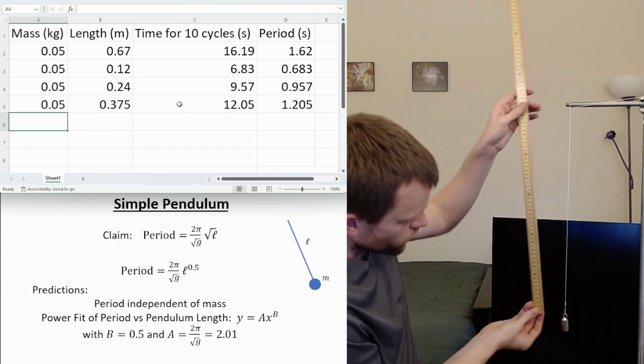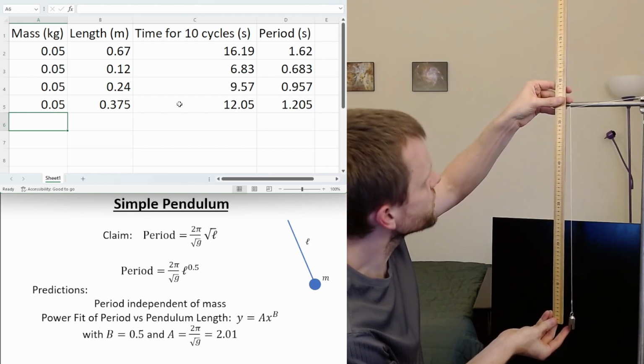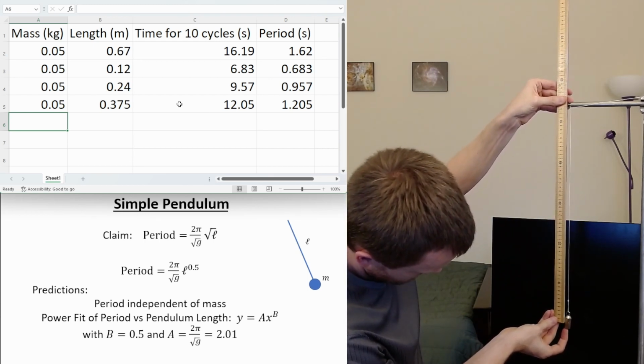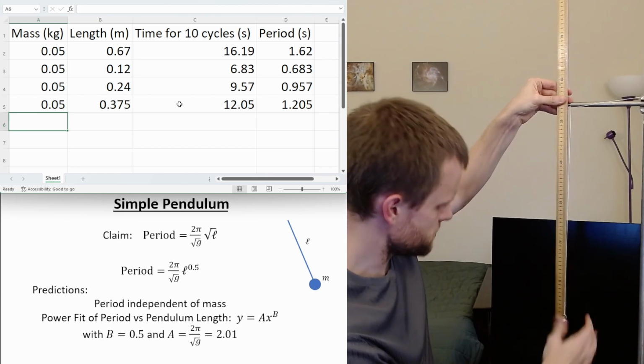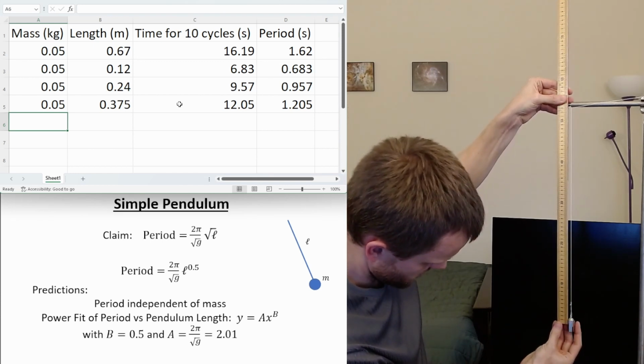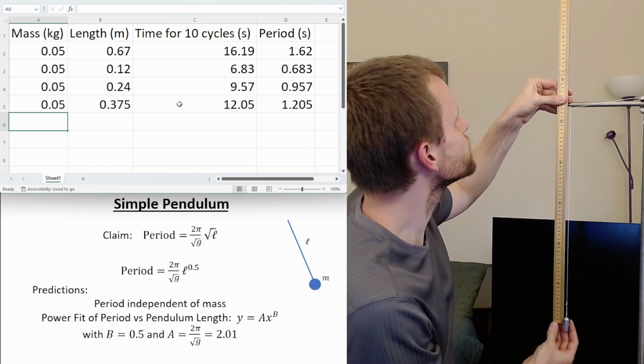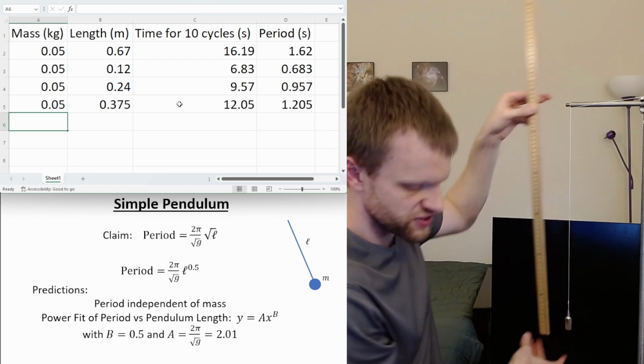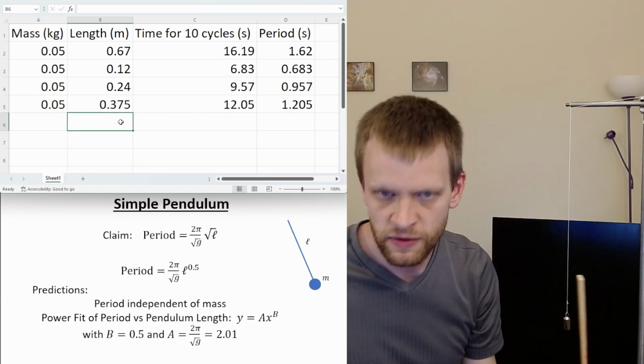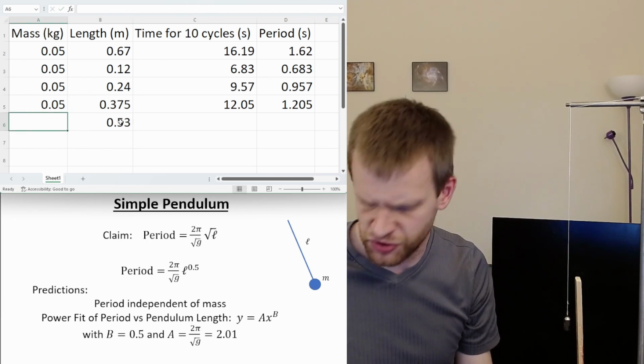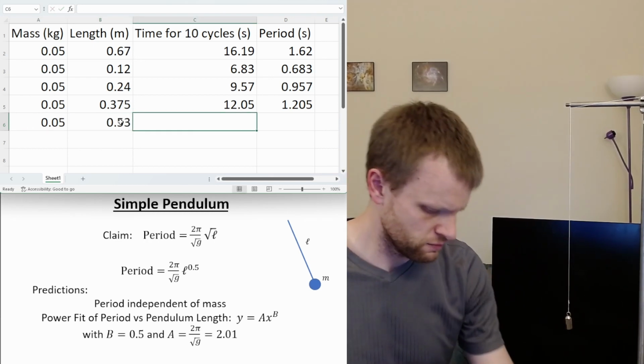Okay, let's try this one. So what length are we getting for this? If I line that up on the bottom, this seems to be around 53 centimeters. So 0.53 meters, same mass. Let's measure the time.